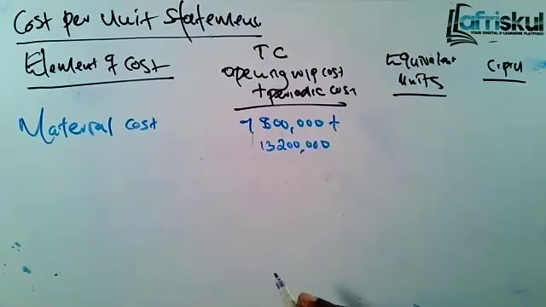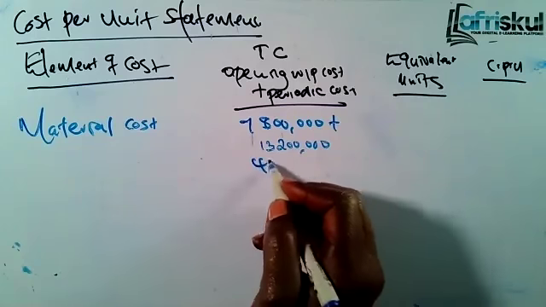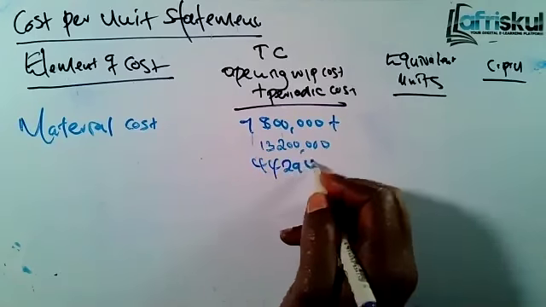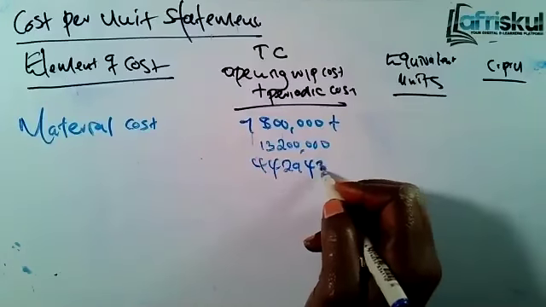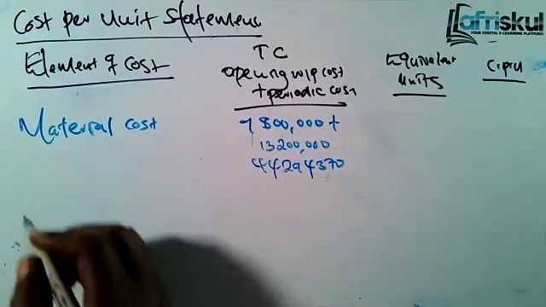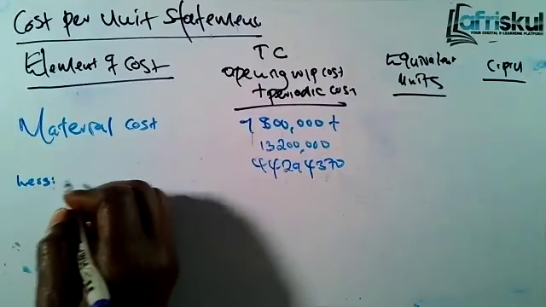Because this is the last process, you will also include the cost of completed units from the previous process, process A, which was 44,294,370. So you add those three components.